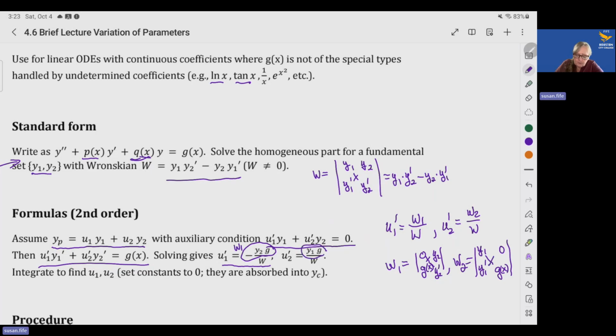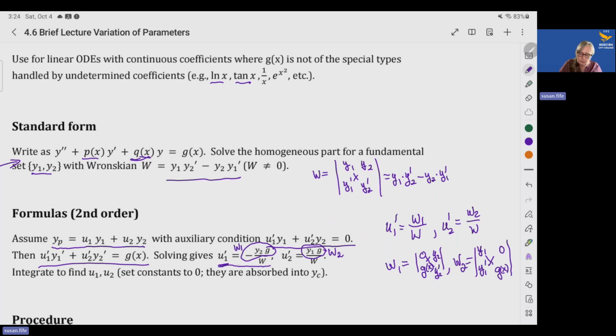And there's your y1 times g. So y1 times g is the same as w2. So I'll typically use the Wronskians, w1, w2, and w, rather than the formulas, but either way is fine.